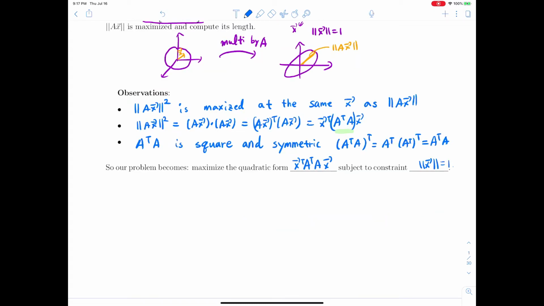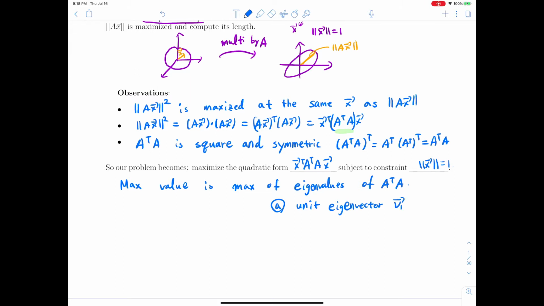From the previous section, we know that the maximum value is the maximum of the eigenvalues of A transpose times A, and that happens when x is a unit eigenvector corresponding to the largest eigenvalue.